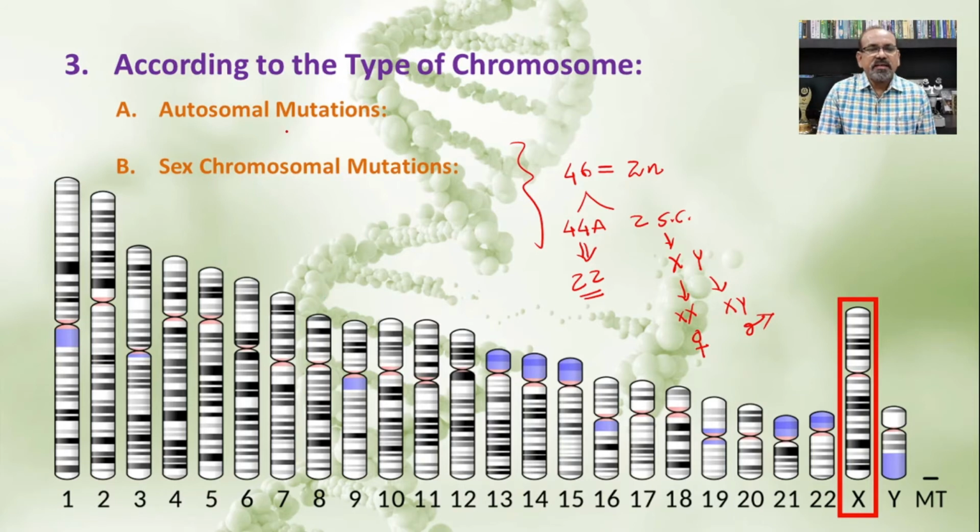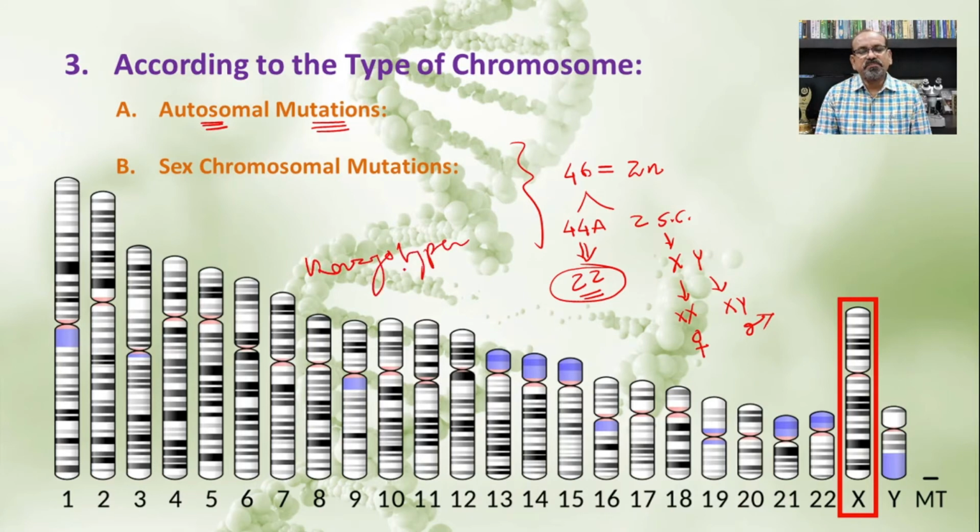So if there is a change in the DNA of a chromosome which is autosomal, that is from the autosome. For example, here there are the 22 pairs of autosomes, and this is the karyotype of human beings. So the chromosomes right from the first to the 22nd are nothing but the autosomes of the human.